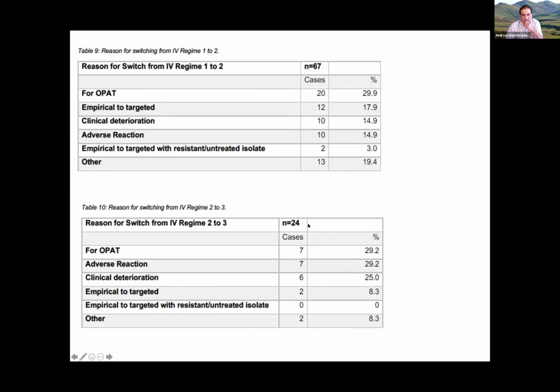And then 24 patients had to change from the second to the third antibiotic regime, again for a variety of reasons. A third, because they wanted to change to an oral system. A third, because of adverse reactions, and a quarter for clinical deterioration.